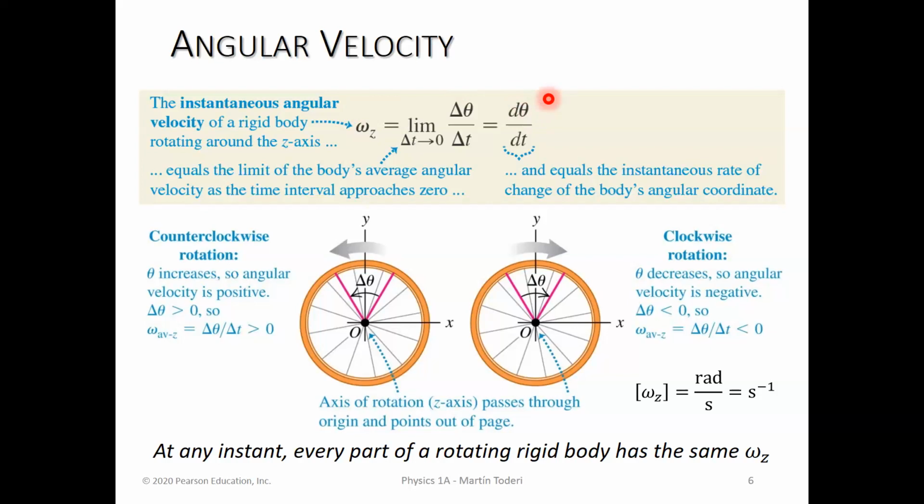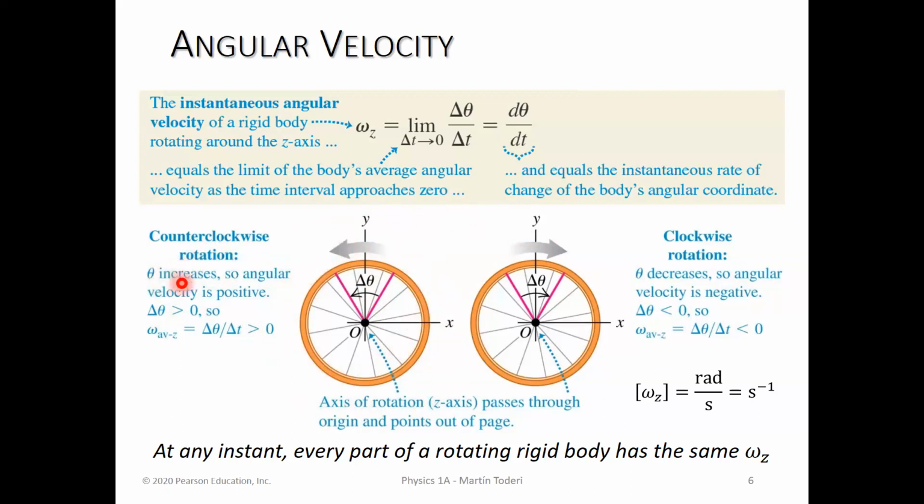All right. So we have the instantaneous rate of change of the angular coordinate, and that's the instantaneous angular velocity. And we can take a close look at some examples here. So let's say this is rotating counterclockwise, meaning that it's going to the left, against the clock's rotation.